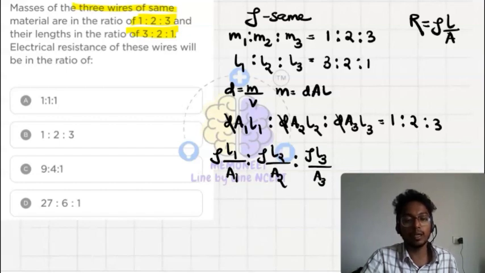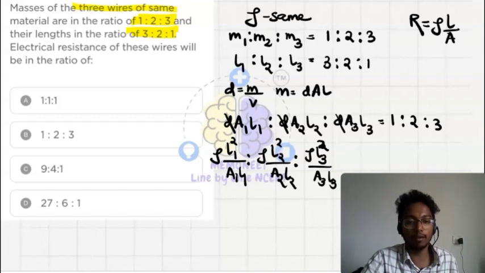Okay, what will we do next? We multiply the length in the numerator and denominator. So this will be L1 square here and L1 there, then L2 square and L2, and L3 square and L3.